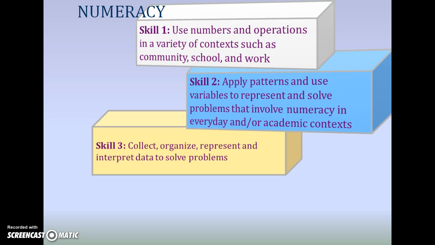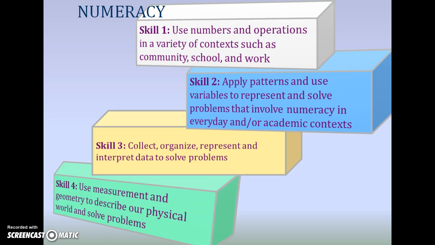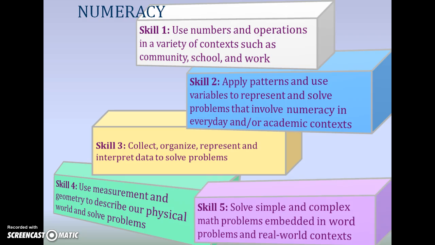Skill 3. Collect, organize, represent, and interpret data to solve problems. Skill 4. Use measurement and geometry to describe our physical world and solve problems. Skill 5. Solve simple and complex math problems embedded in word problems and real-world contexts.